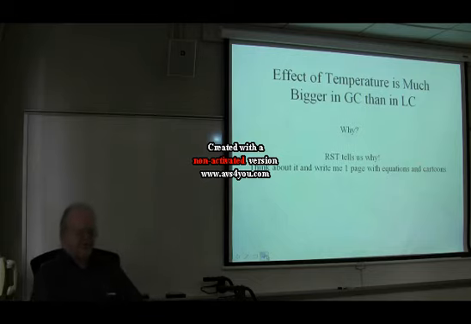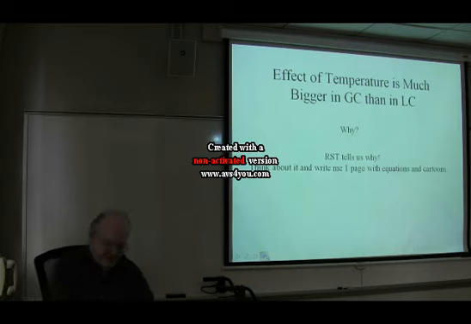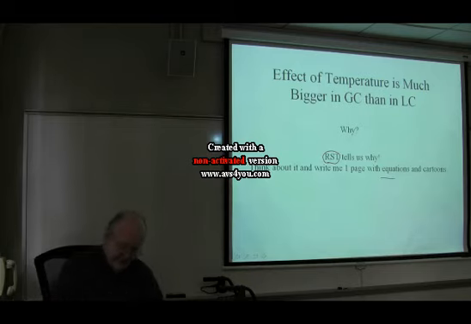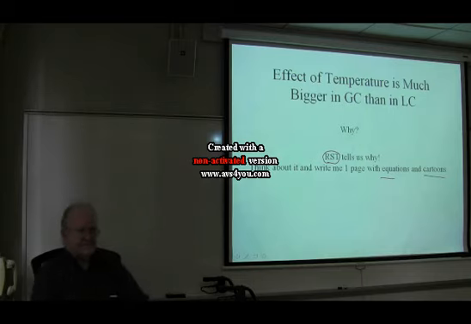So why is it true? Go back to regular solution theory, think about it, and write me no more than 1 page with equations and cartoons. And if there's no cartoon, I'm not even going to read it.